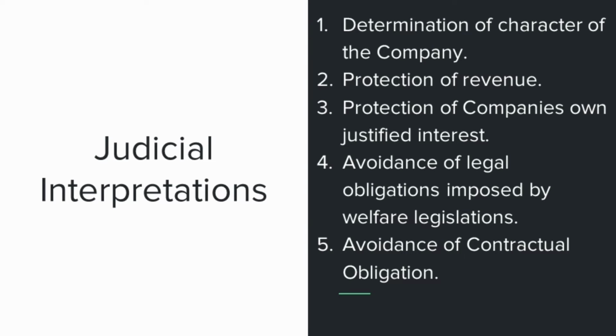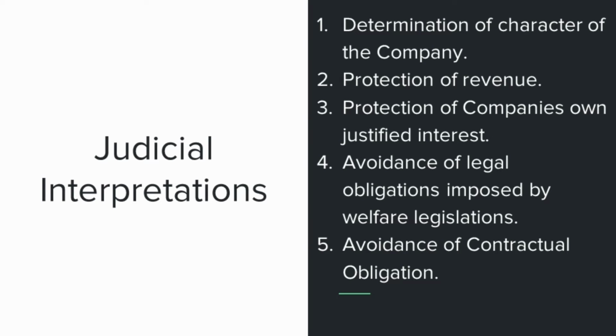Now, what happened is, during the First World War, the English company brought legal action to recover trade debts. The question arose whether the English company had become an enemy company and therefore should not be allowed to proceed with the action.